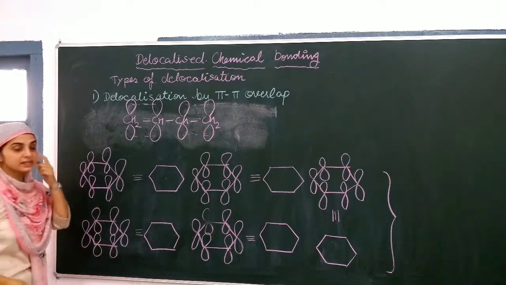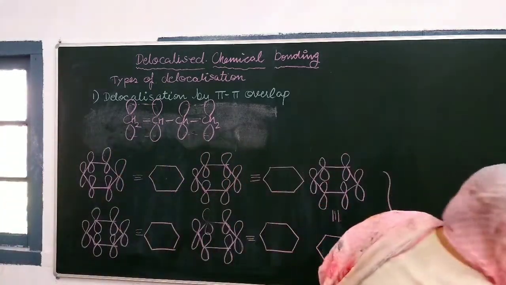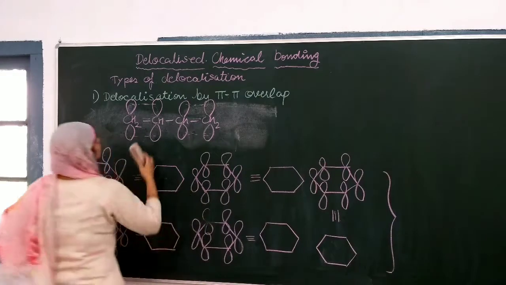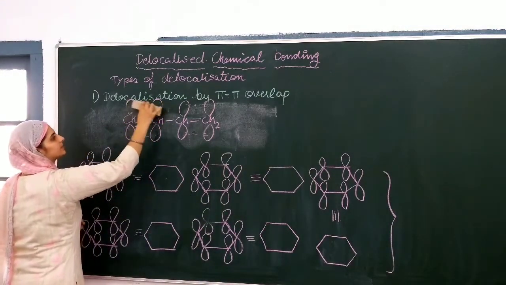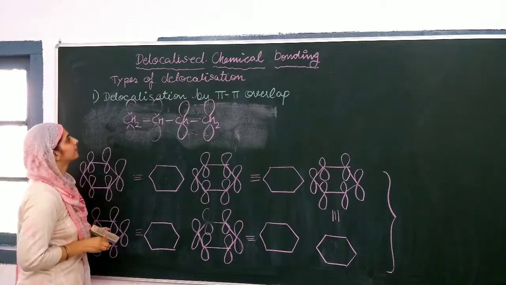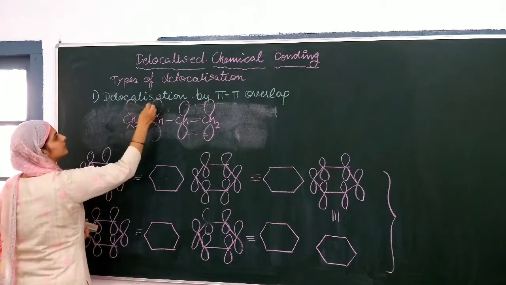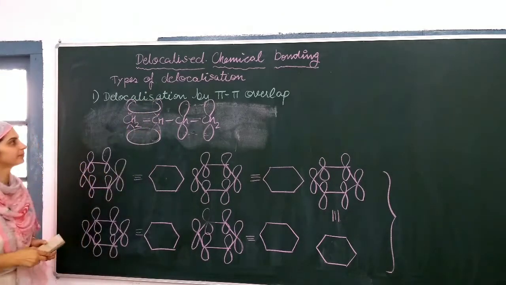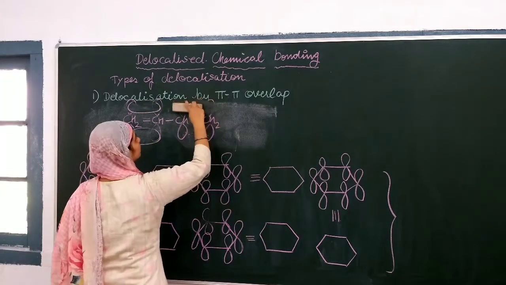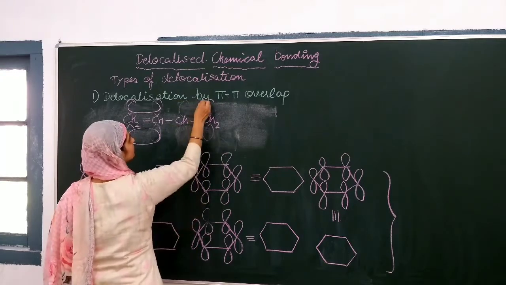So these orbitals can be further represented by the pi orbital. In this case, by side overlap, the pi orbital is formed.